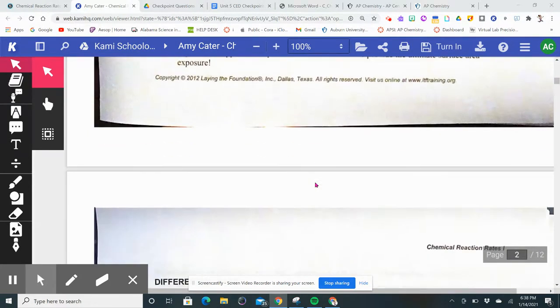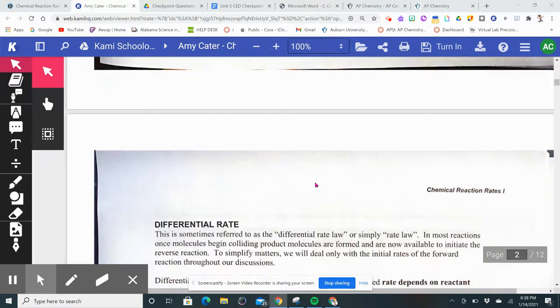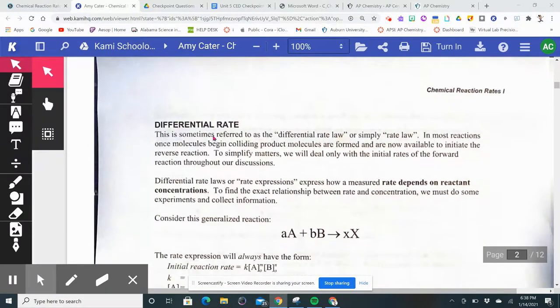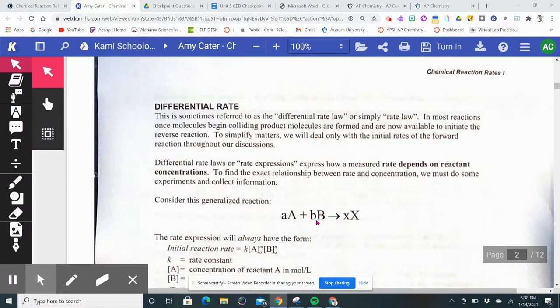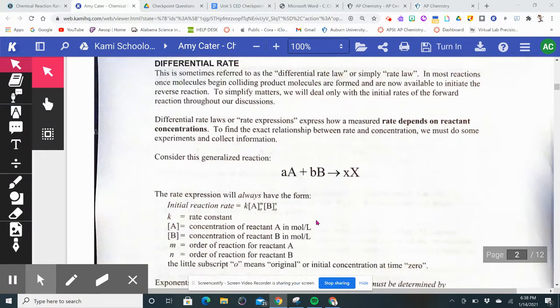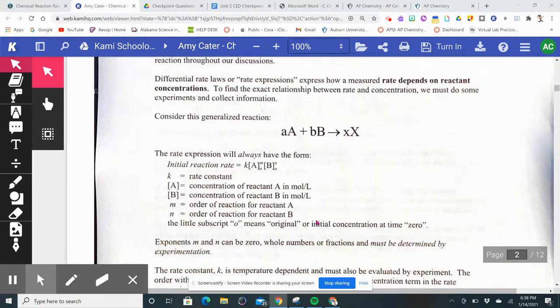Hopefully you have already watched the 2 Ed Puzzles on reaction rates, especially the first one, introducing reaction rates and instantaneous rates. And then also we have the differential rate law, which would be the second Ed Puzzle you had. So you need to make sure that you have watched those first. That'll be a big help to you.